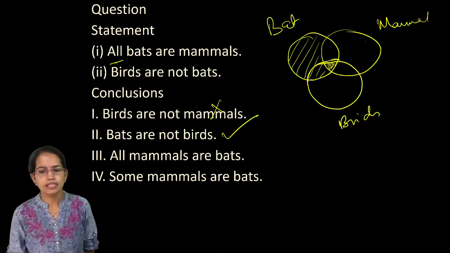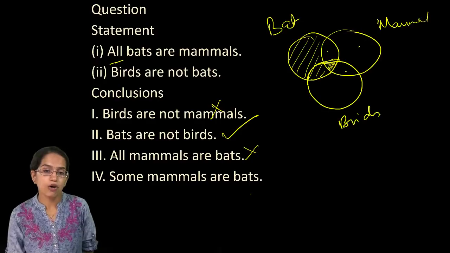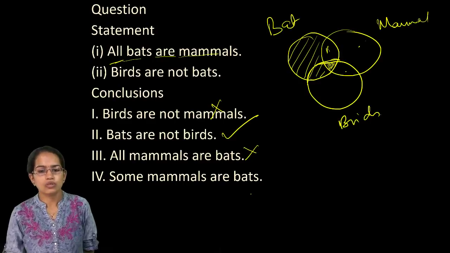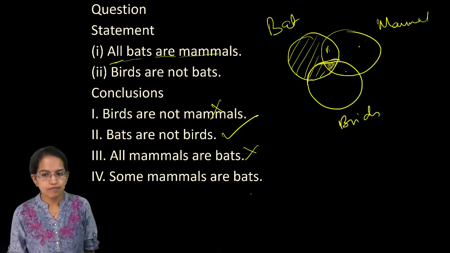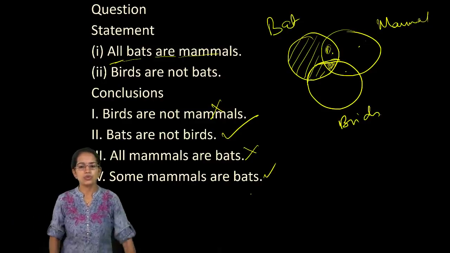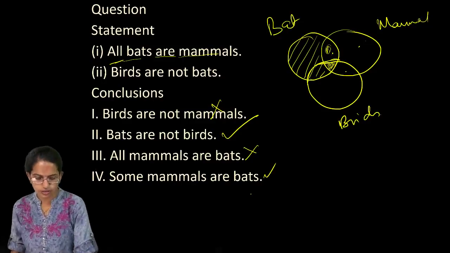That is incorrect because a mammal can be here, here or here. So this becomes incorrect. Some mammals are bats. That could be correct because I am saying all bats are mammals, so bats would be here. So some mammals are bats definitely because there is something that is present here. So this would be true. So 2 and 4 would be the right conclusions here.